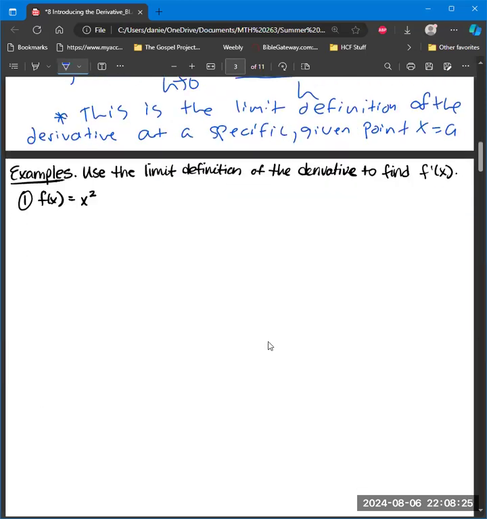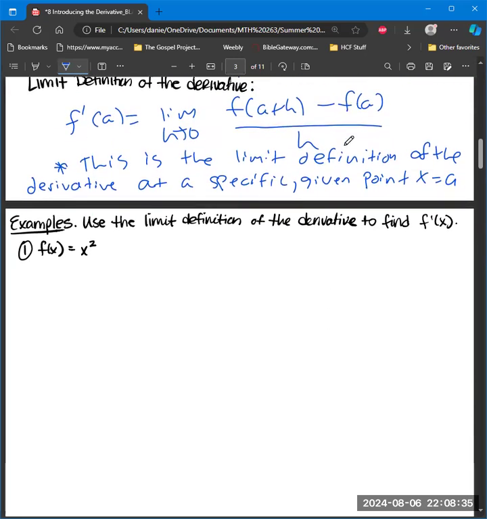So let's use the limit definition of the derivative here to find f prime of x. We were not given a specific point, so we're going to use that definition right there, that f prime of x is equal to the limit as h goes to 0 of f of x plus h minus f of x divided by h.